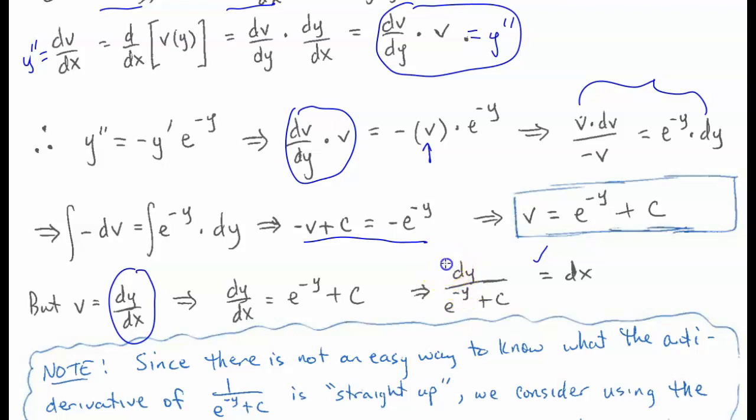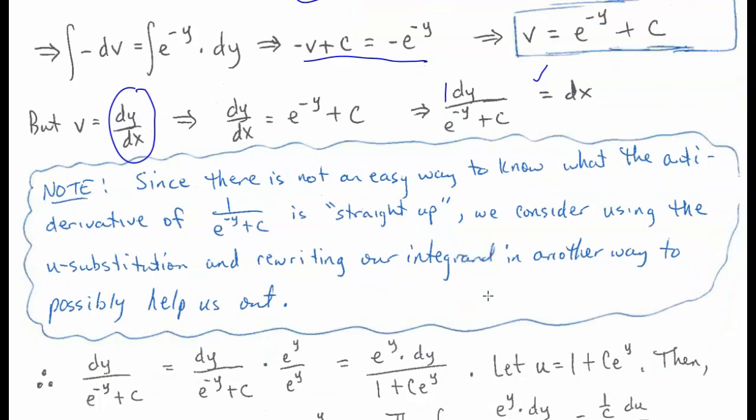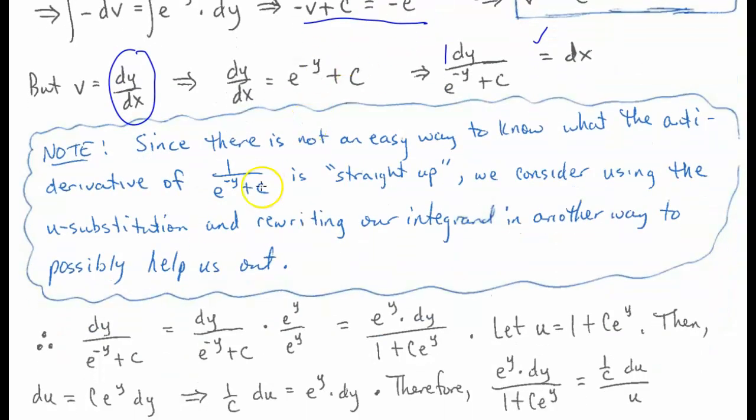If you notice here, we have 1 divided by e raised to the negative y plus some constant c. And just like in one of the earlier examples that we did, we see that taking the antiderivative of this straight up isn't really easy, but we can rewrite it.